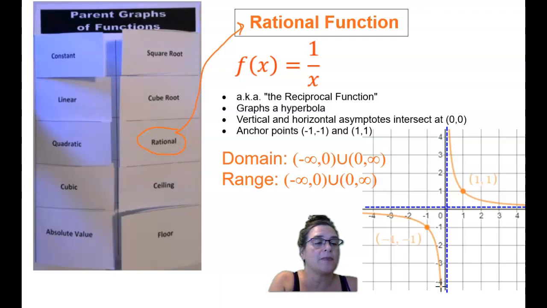So the reason why we have those asymptotes there is because it's impossible to divide a number by 0, right? So if x equals 0, I would have 1 over 0, which is undefined. So there can't be a point on this graph where we can put in a 0 or that we could output a 0, right? So 0 is restricted from both the domain and the range.